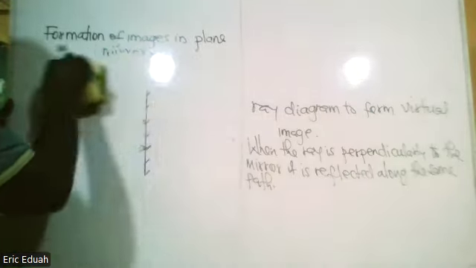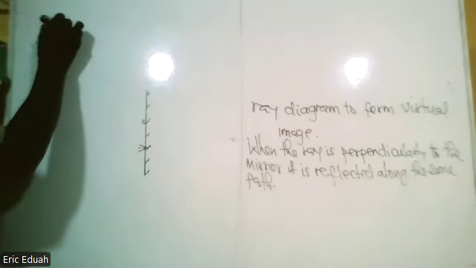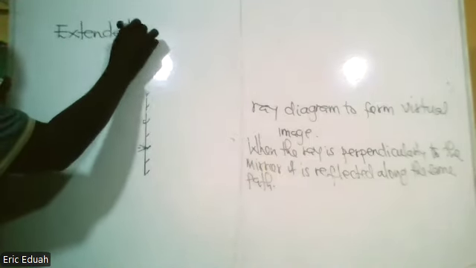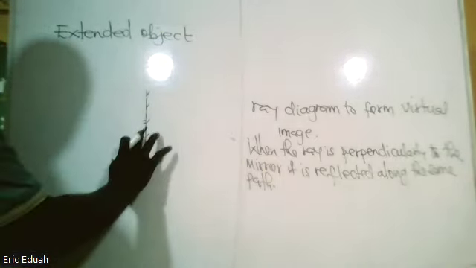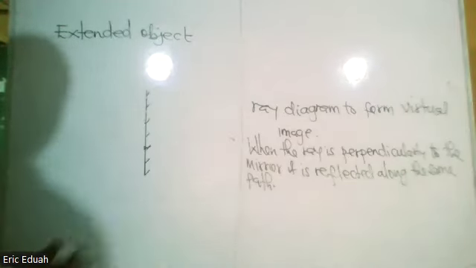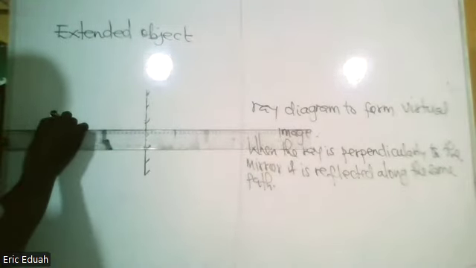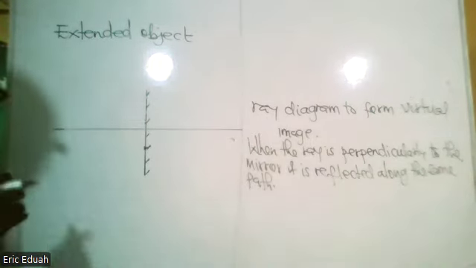For extended objects, meaning an object with a head and then a foot, we usually put the object on a horizontal line.